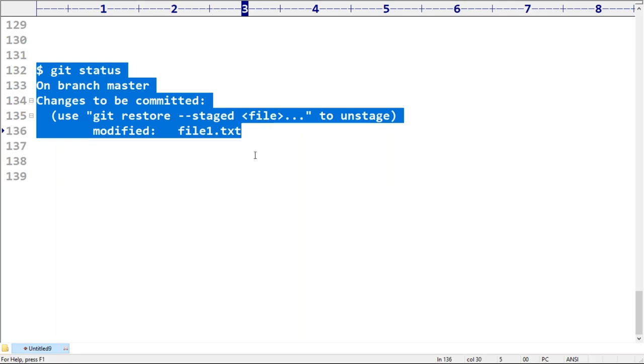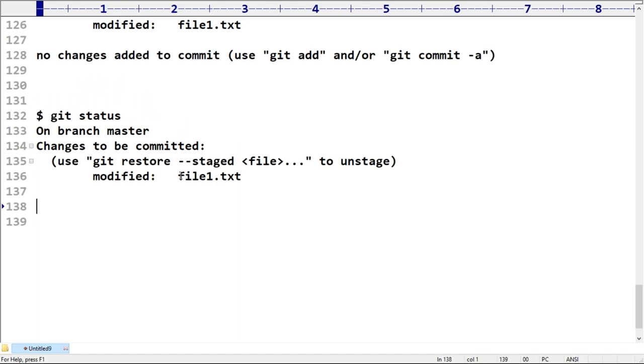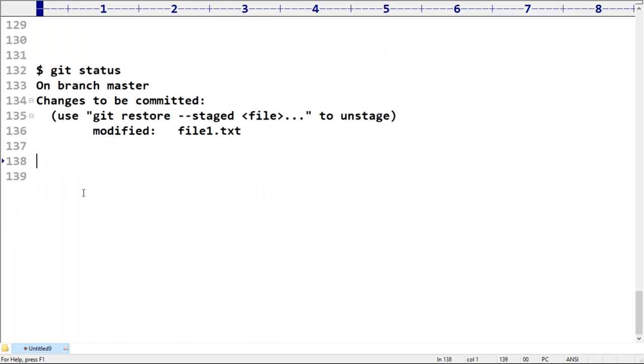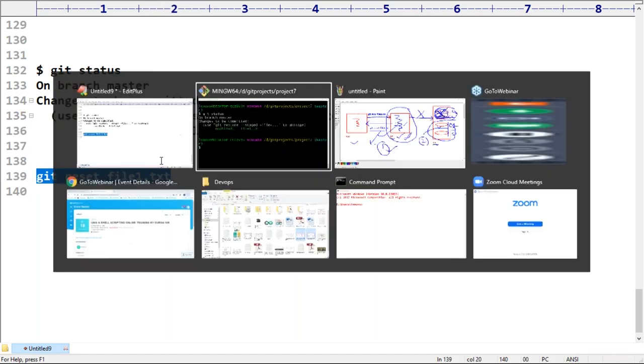Now my requirement is, this file1, I don't want it to be part of this commit. By mistake I added it to the staging area. Can you please revert back? Can you please revert these changes? Can you please ignore these changes? Then what we have to use is git reset, git reset file1.txt. Remember this one: whatever changes you added to the staging area will be reverted, will be ignored. Now let me go for this command.